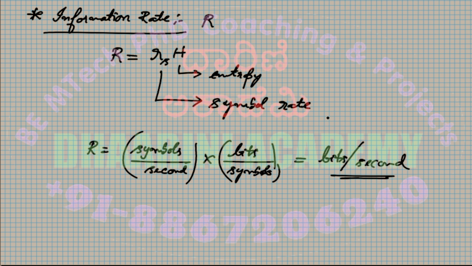So the unit for this will be bits per second, or decits per second, or nats per second, as per the equation. But R is actually measuring the information per second. In 1 second, how much information you receive. That's very important. So the equation is: capital R, the information rate, is equal to the symbol rate small r into the capital H, which is the entropy.